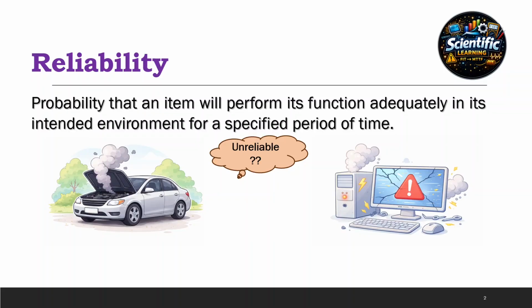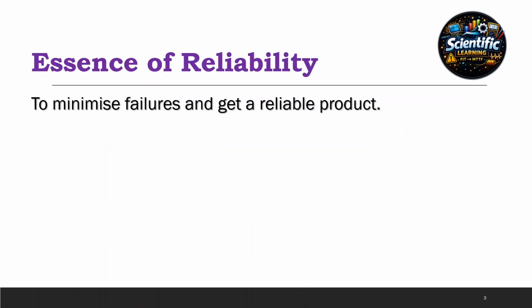So, by definition, reliability is not a guarantee of survival. It is a population statistics term and should be used in that sense and mainly to compare two or more designs.